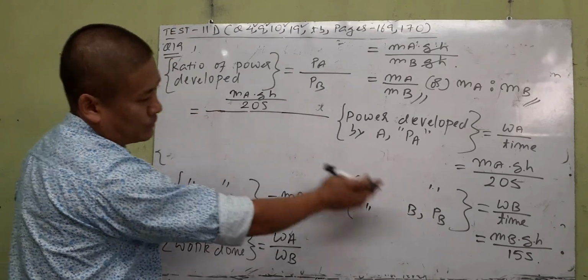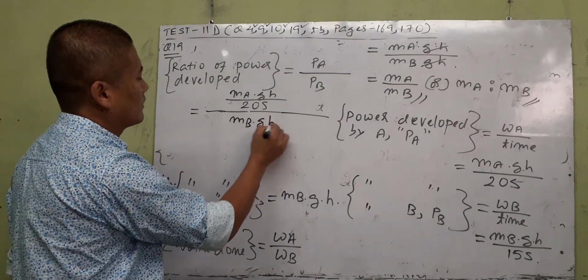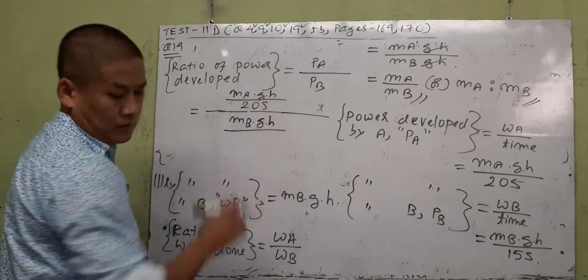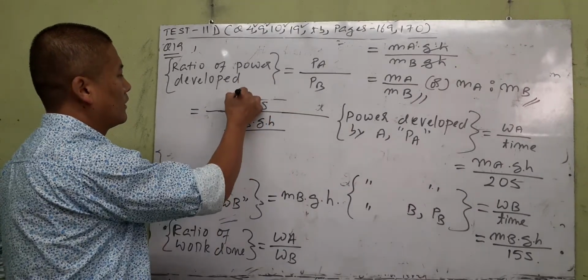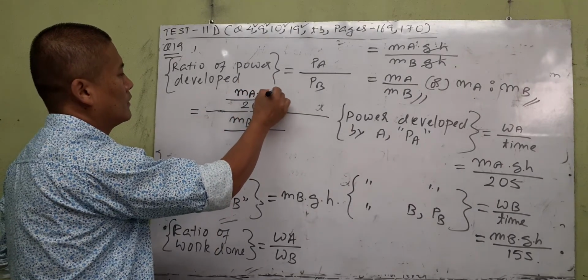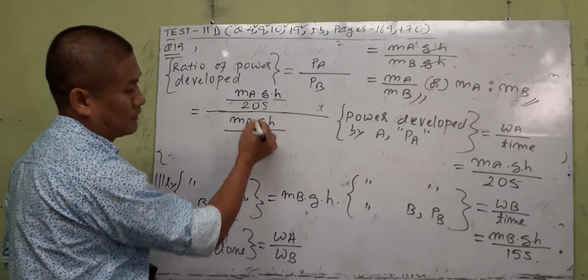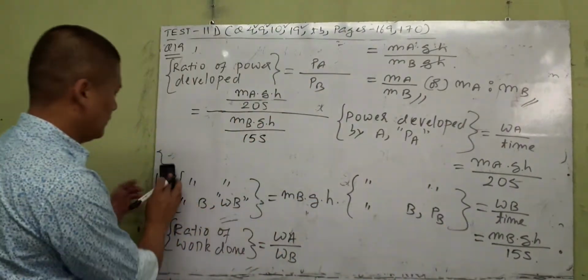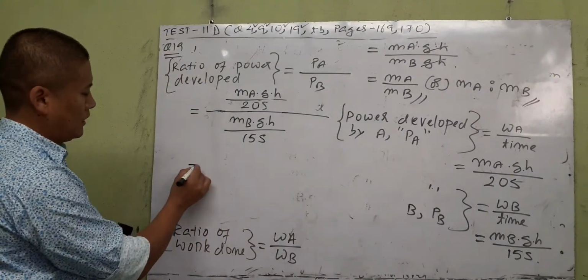And then PB is MBGH divided by 15 seconds, as you can see here. So slowly do this, it's just a matter of doing it patiently and carefully, not hard.